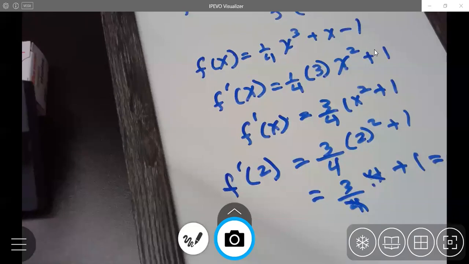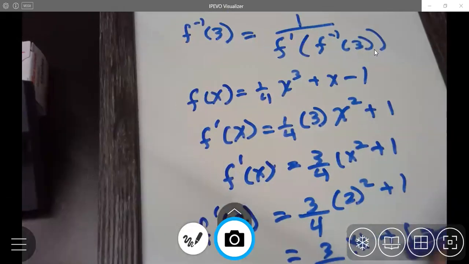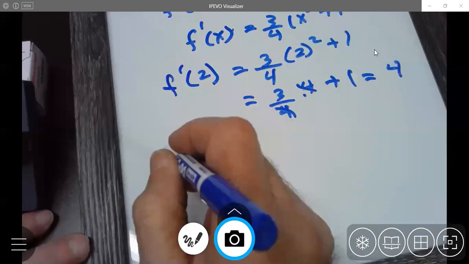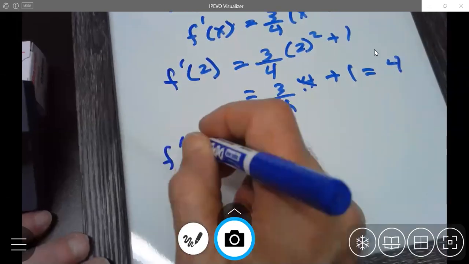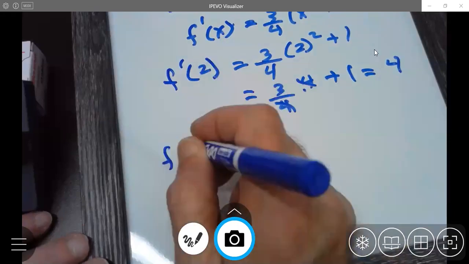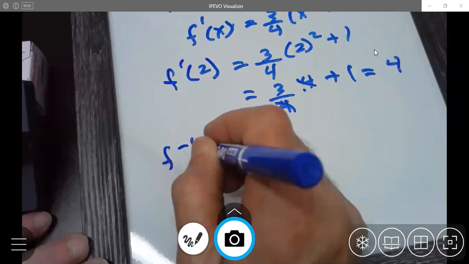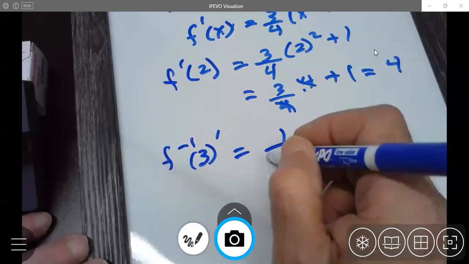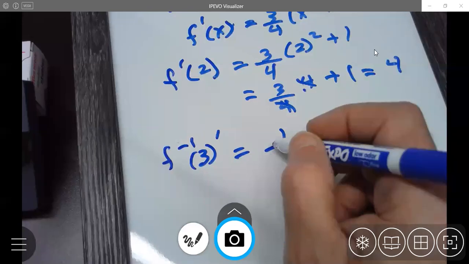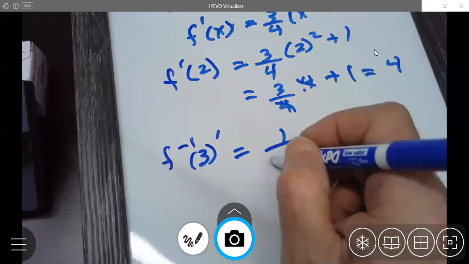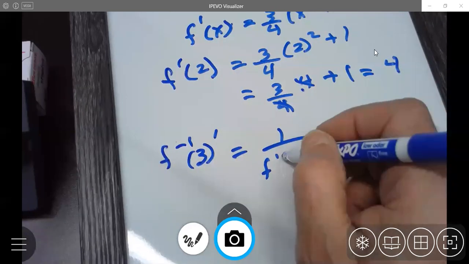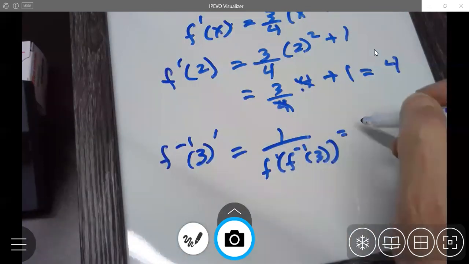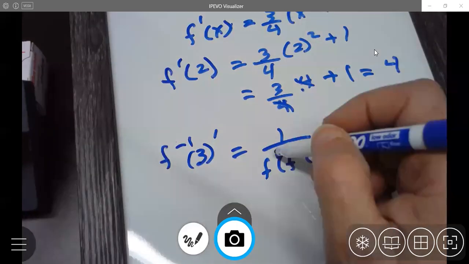So from that, we can say that the derivative of our inverse at 3 is equal to 1 over f prime of f inverse of 3.